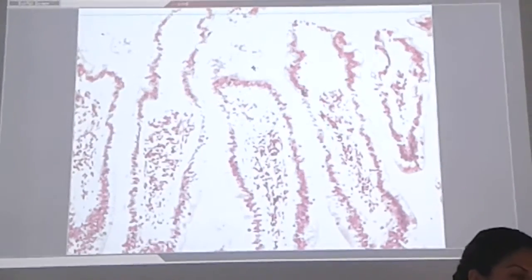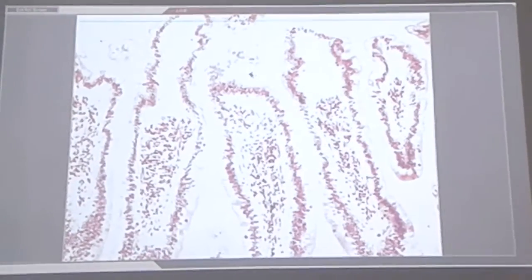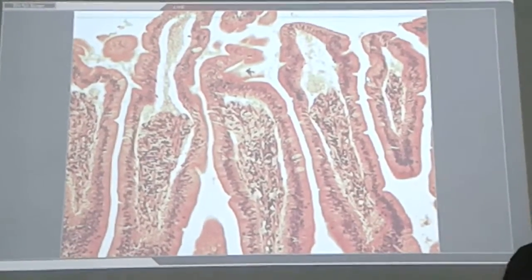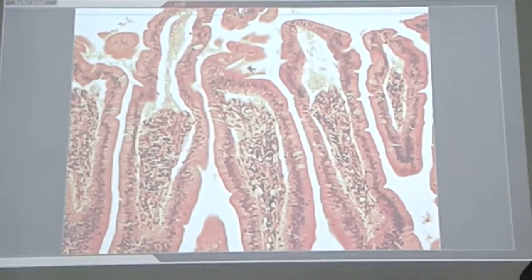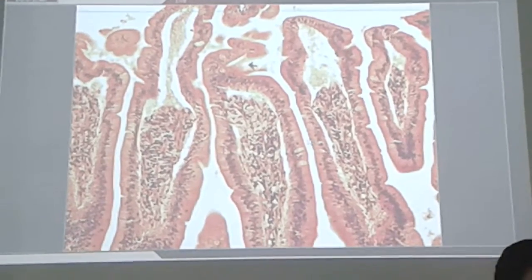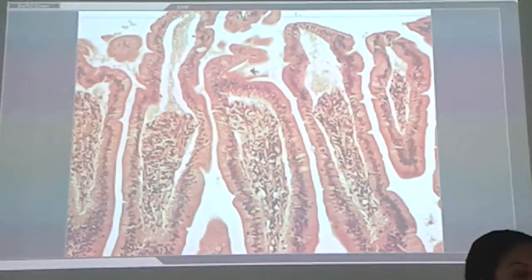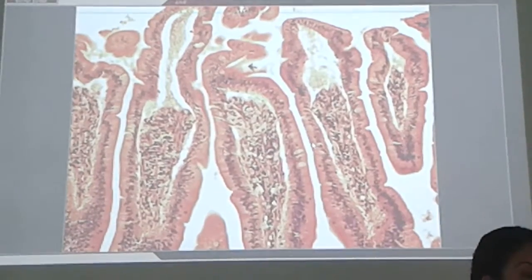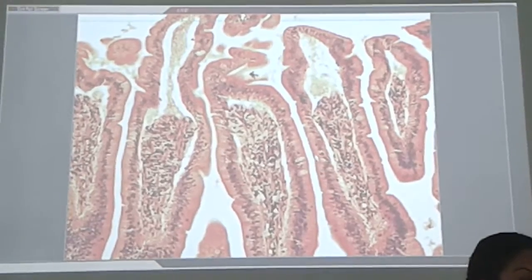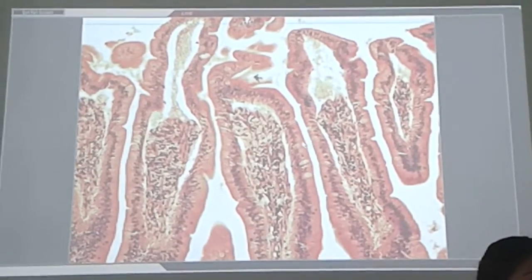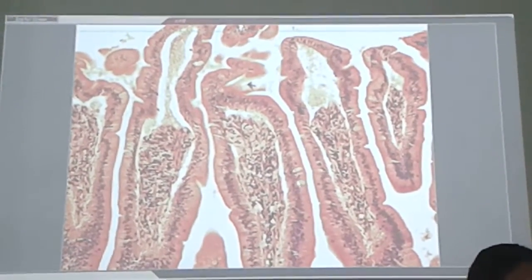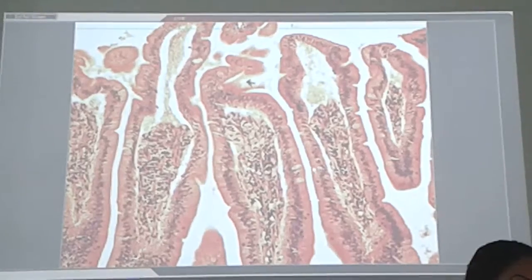This simple columnar epithelium has microvilli on the apical side, and all these microvilli make a brush border, or striated border. And among the striated border, you can see these cells, which are goblet cells. These are mucus secreting cells.